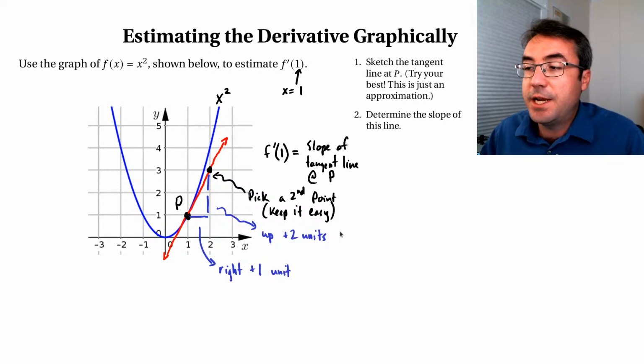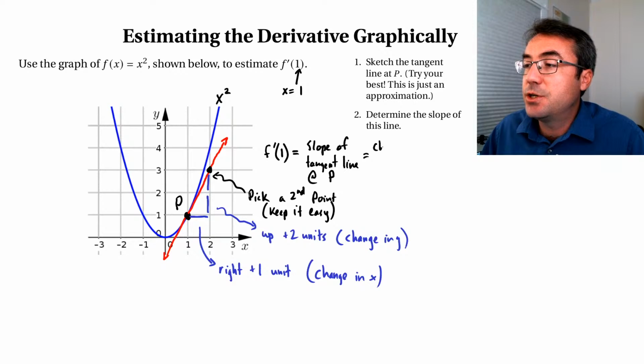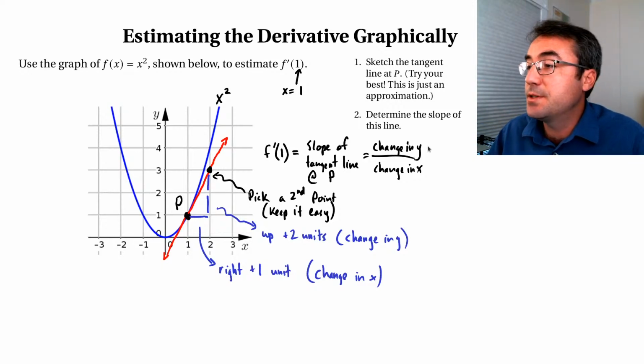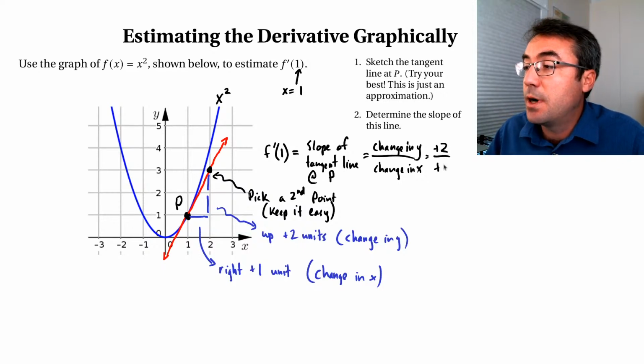And so that's our change in y, and this is our change in x. And so when we do the slope, it's change in y over change in x. Because our change in y was going up 2 units, it would be plus 2. And because our change in x was to the right 1 unit, it would be plus 1.